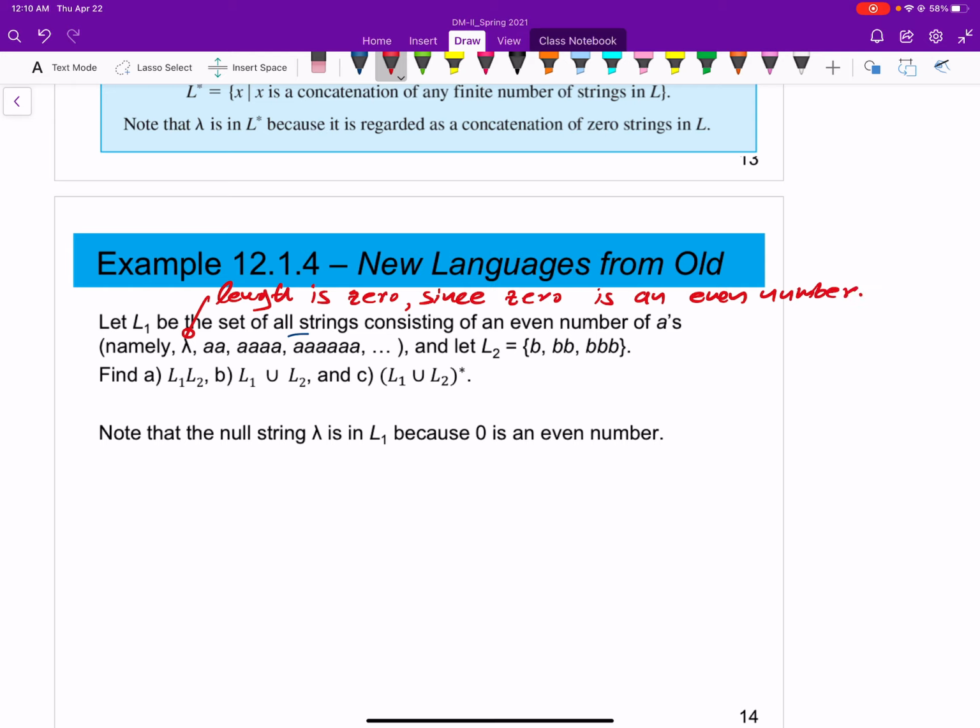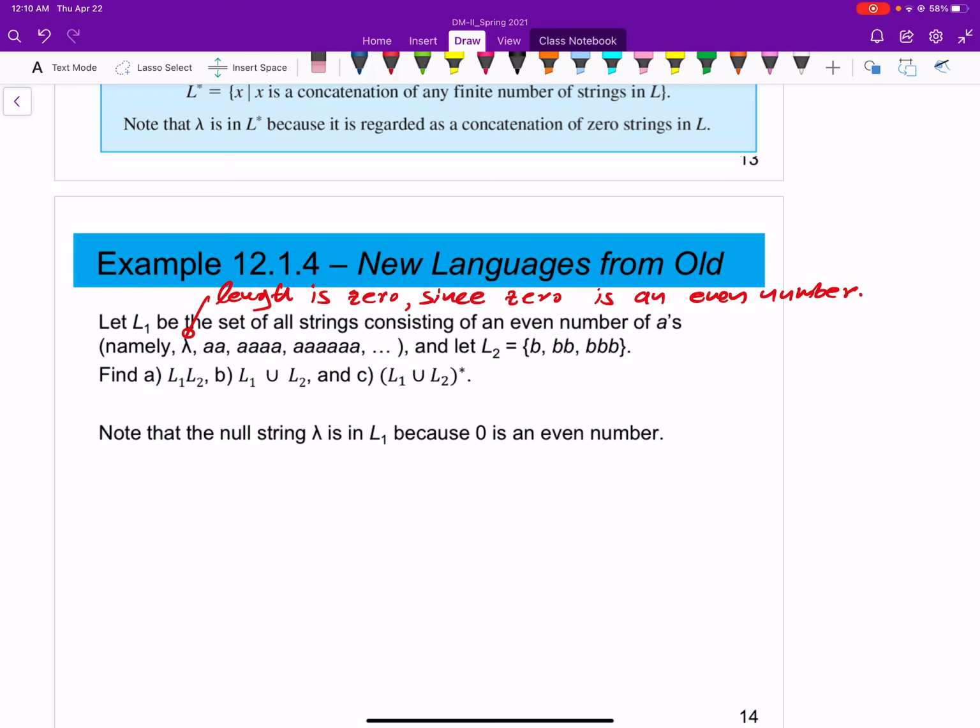Okay, 0 is an even number. That means lambda, AA, 4 A's, 6 A's, 8 A's, and so on. And L2 is B, BB, BBB. Okay, those are the two languages given to you.